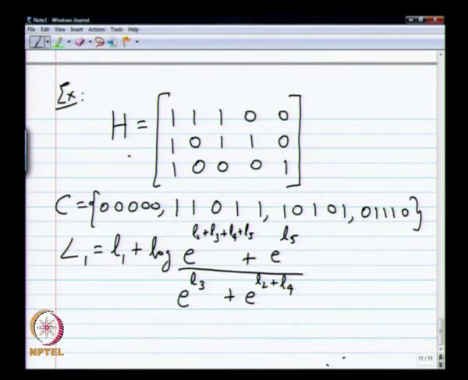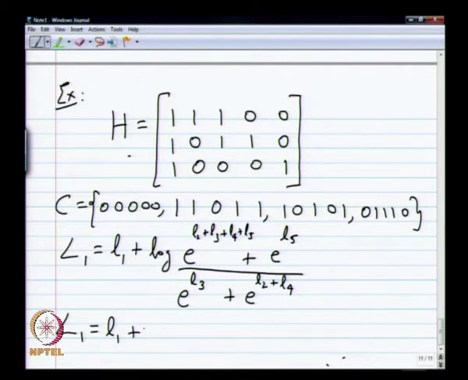Now if you were to try our approach, the initial cut, the first approach would be to do capital L1 equals small l1 plus look at the first parity check. That first parity check is going to give you something involving L2 and L3, am I right?